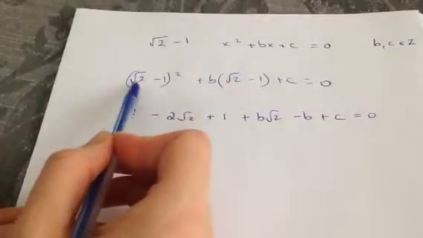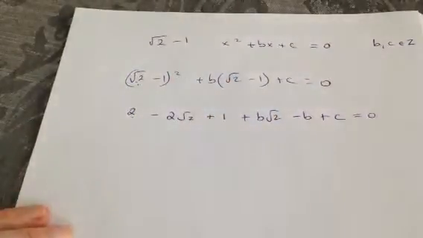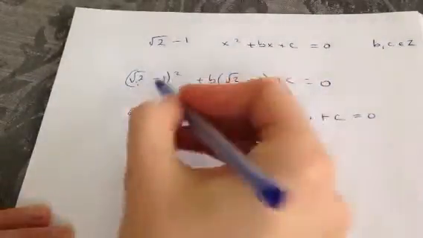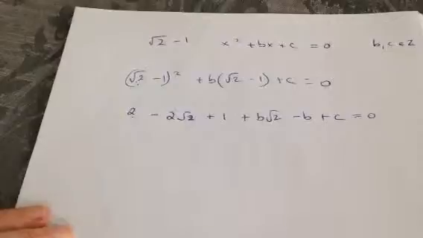You end up with this because root 2 multiplied by itself is root 2 squared, which is 2, minus 2 root 2, and then a minus by a minus is plus 1. So that's it multiplied out.